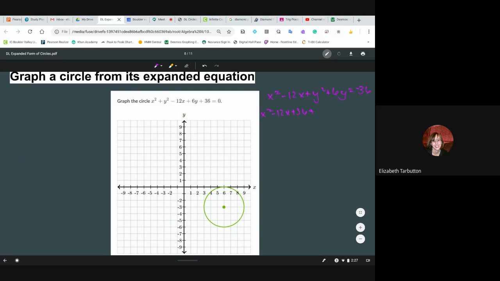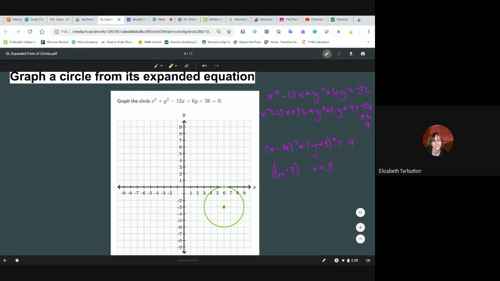Adding that b over 2 squared to each side, y squared plus 6y plus 9 equals negative 36 plus 9. So simplifying into x minus 6 squared plus y plus 3 squared equals 9. That tells me that the center of my circle is at 6, negative 3 with a radius of 3, and then I just graph it that way.